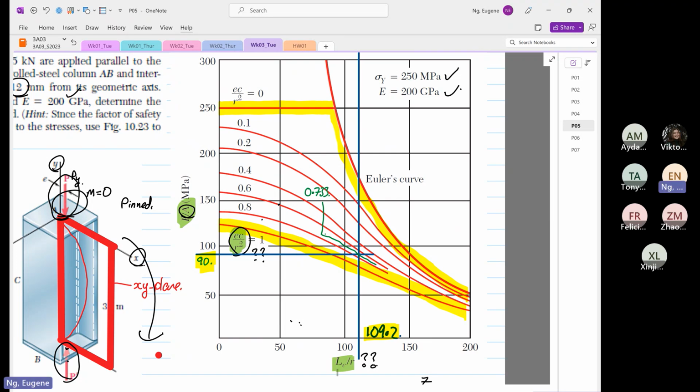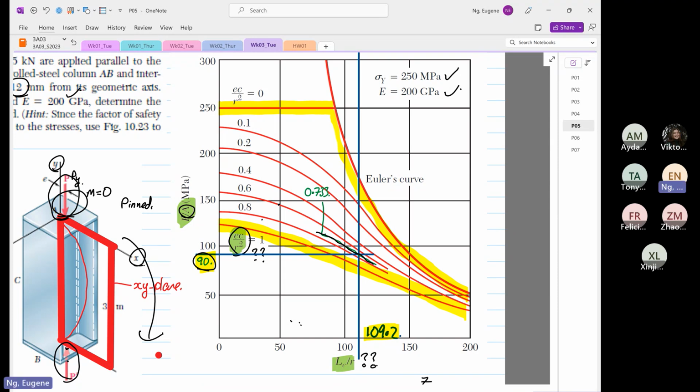So you have to calculate your LE over R first, and also calculate your EC over R. Then our EC over R is 0.733, so I just sketch this line over here. This is just a sketch. Then from here, you read the value of P over A, which is equal to 90 times 10 to the power 6 Pascal. Okay, makes sense. Thank you.